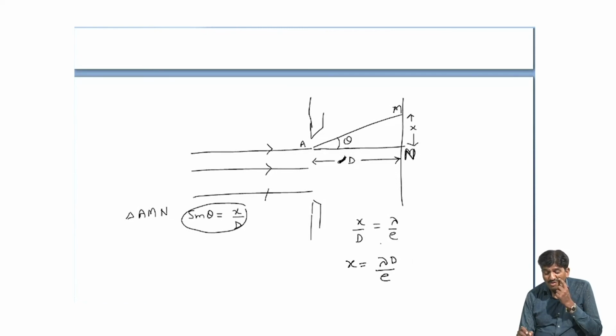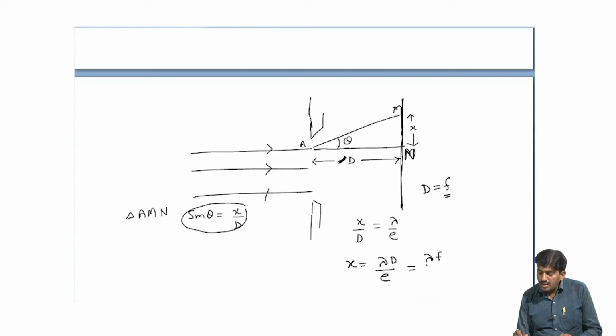If the screen is at the focal plane of a convex lens, then capital D becomes equal to the focal length of the lens, and it becomes lambda f upon small e.